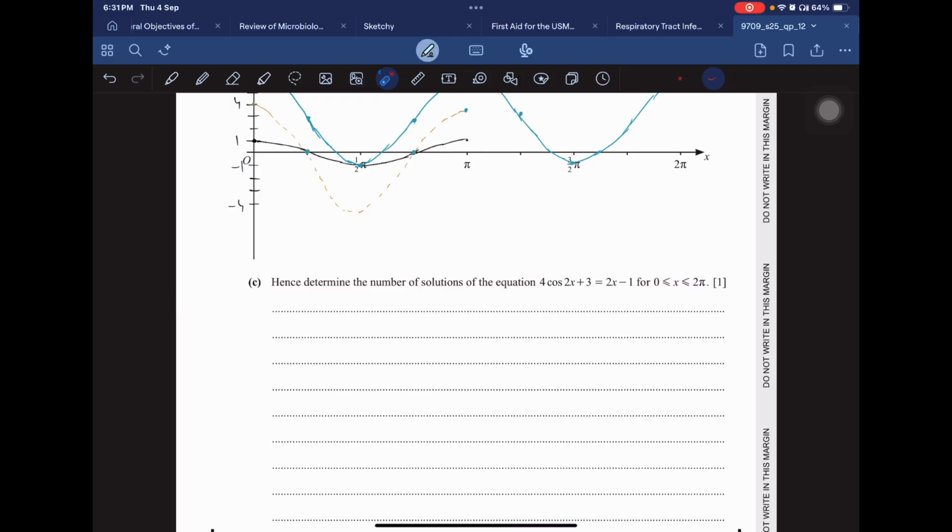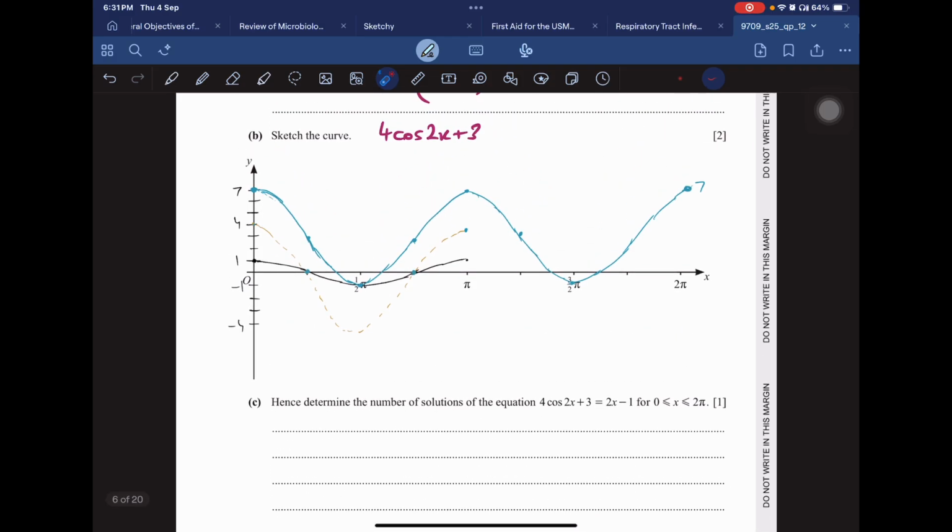So what we'll do is we'll try sketching the line onto this graph above and see how many times it intersects with the blue graph. I'll erase all of the other lines so that it doesn't get confusing. Okay. So for 2x minus 1 at 0, let's draw it in red.